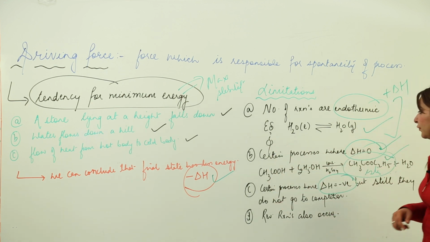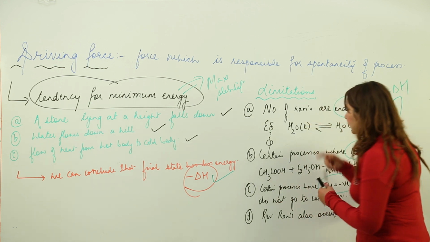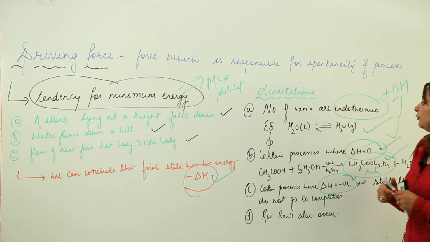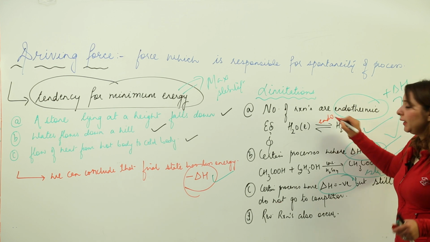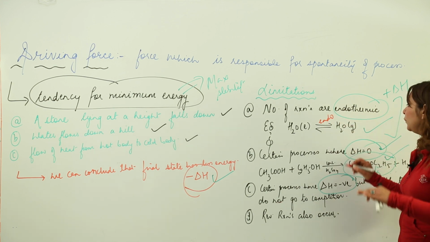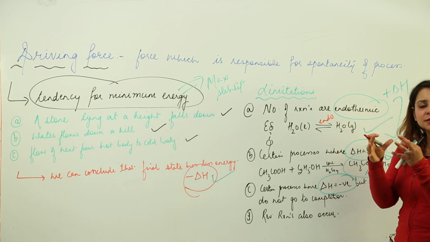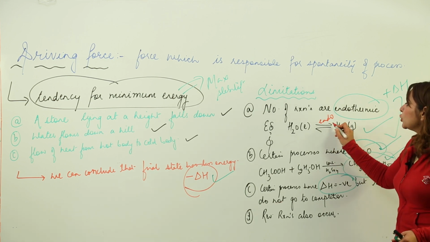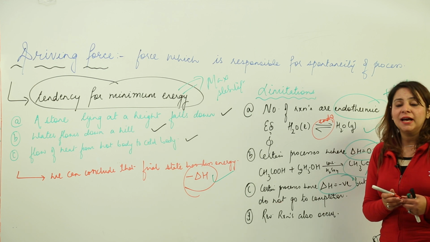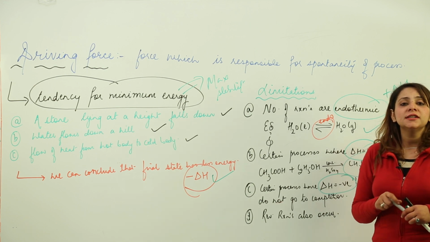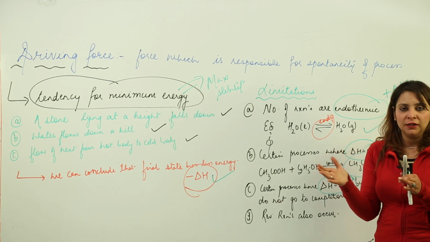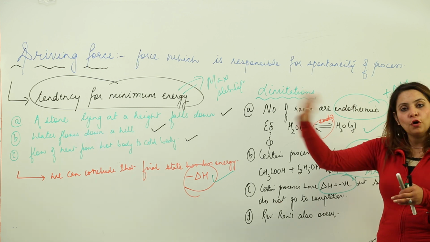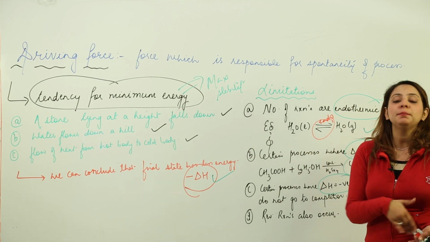Another factor we have: suppose I have a reaction here, like let's say this reaction. We know that here it is endothermic. There is a condition where the gaseous vapor molecules collide among each other and get converted into the liquid state. So there are certain processes which are reversible. That means the reaction can proceed in a forward manner and also in a backward manner.